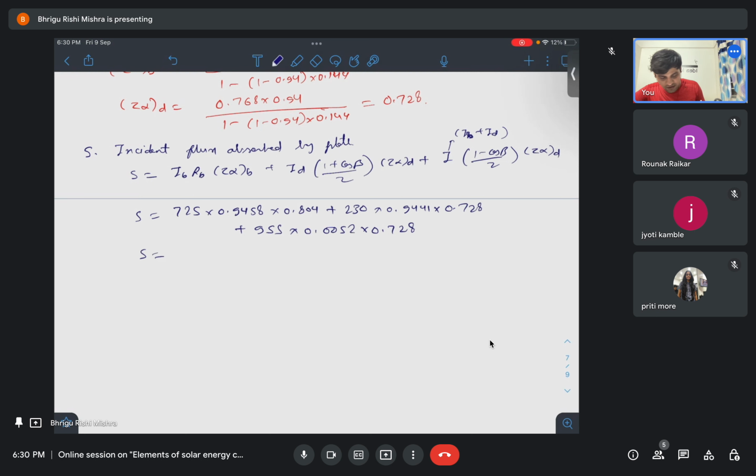So S is 718.0 watt per meter square. This is the radiation absorbed by the plate.